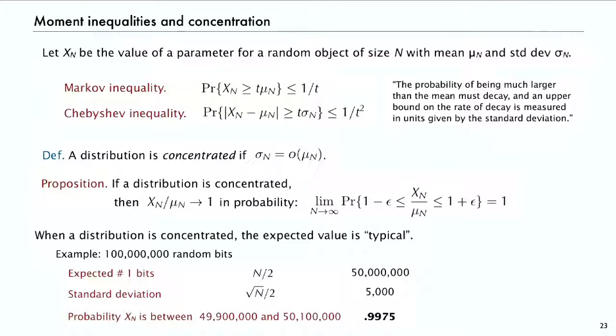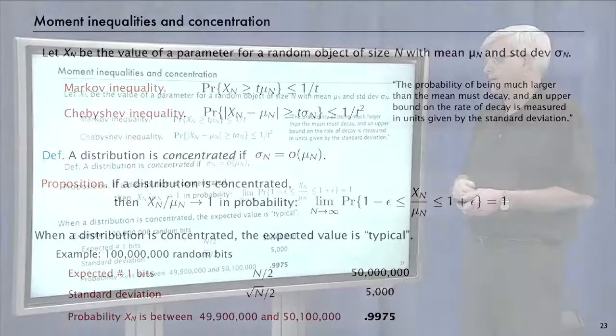So that says that the probability that a random value that you get is between 49,900,000 and 50,100,000 is better than 99%. That's the kind of result that we want in practice. With really high probability, we have a good idea of what the value of the random variable is going to be. That's why we care about concentrated.